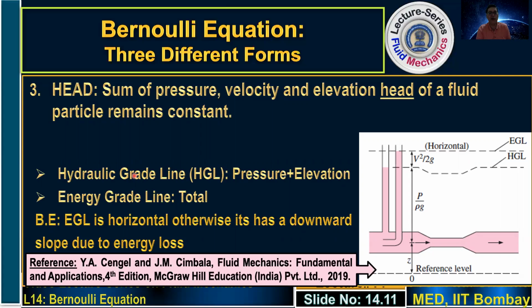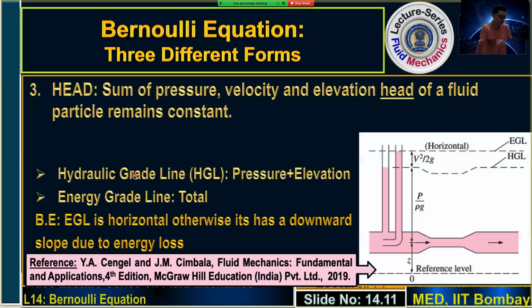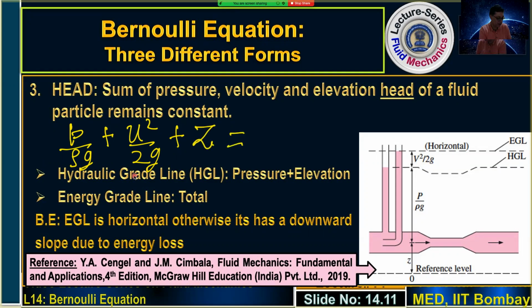So what we will do is that in the energy form we have p by rho. If we divide that by g, we'll get an equation which I will show you here. The third form of Bernoulli's equation is presented here as we are basically dividing by g. Earlier it was p by rho, now we have p by rho g plus u square by 2g plus, we had g z, now when we divide by g, we are left with z, is equal to constant.